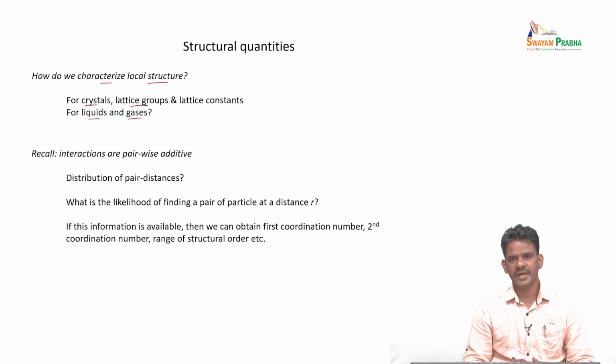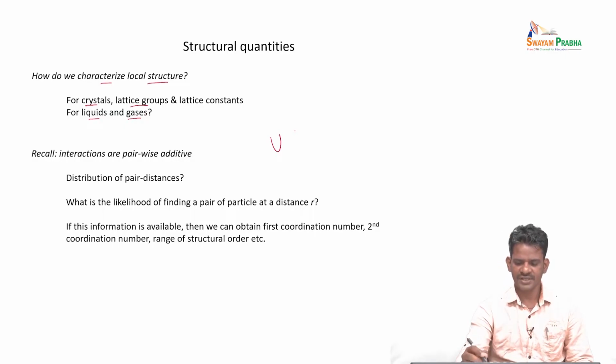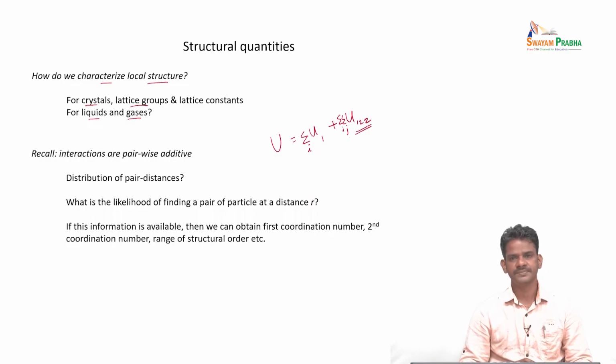One hint you can get is by looking at how we started modeling our system. If you recall, the total potential energy U is something we wrote as a one-body potential and then a pair potential. Most of the properties of the system are governed by these two body, pairwise interactions.